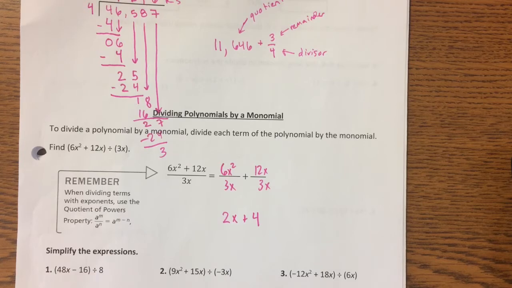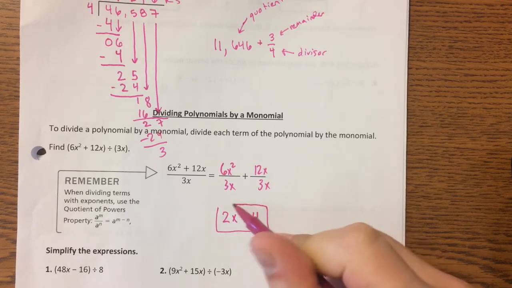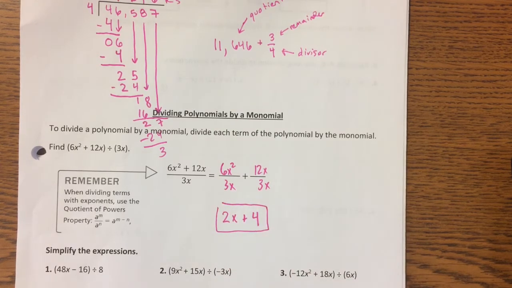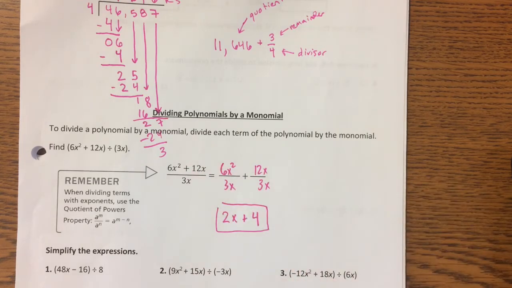So essentially what happens here is these cancel out. So you get 2x plus 4. So basically, you're just going to divide each term by that monomial. This kind of division does not require long division. You still can use long division to divide these, but it's a lot easier to not.